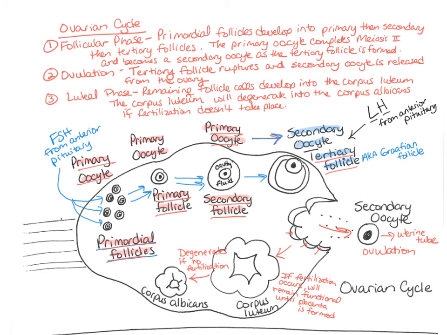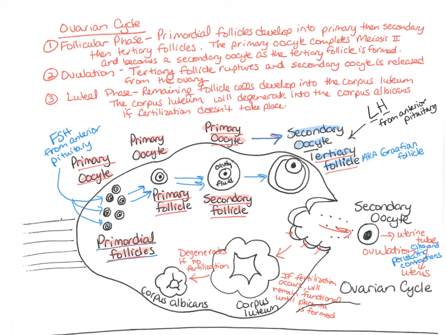After the secondary oocyte is released from the ovary during ovulation, it will be transported through the uterine tubes to the uterus. The uterine tubes are muscular tubes that are lined by cilia. The smooth muscles of the uterine tubes will contract, causing peristaltic contractions, and the cilia will create ciliary movements, and both of those things will move the secondary oocyte toward the uterus.